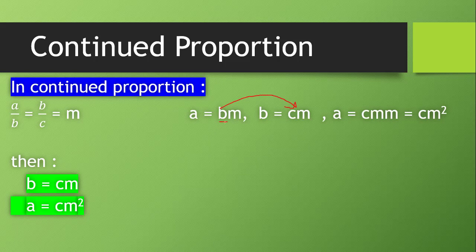So A will be C times M times M, which is CM power 2. So in continued proportion, B, the middle proportional, equals CM, and A, the first proportional, equals CM power 2. I use these two forms in proofs to facilitate them.